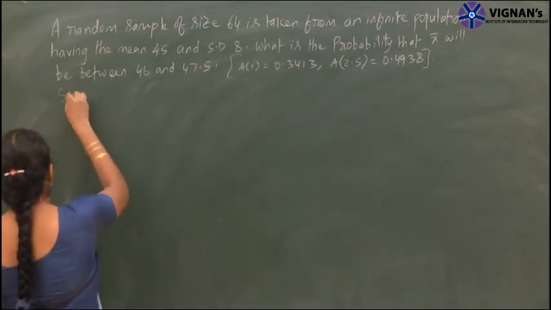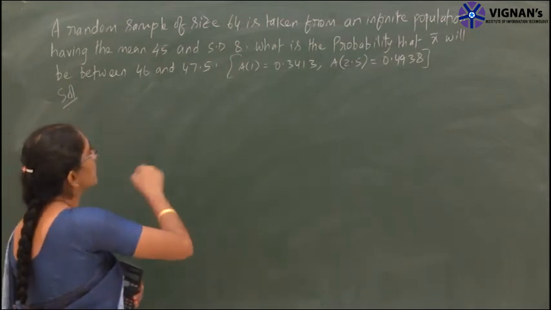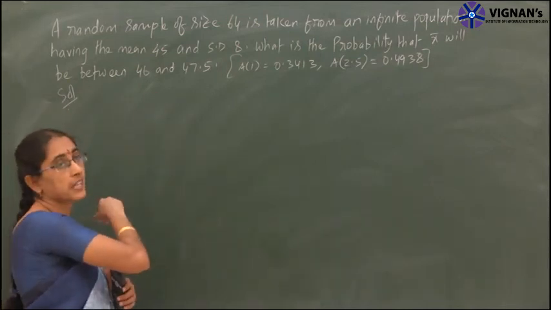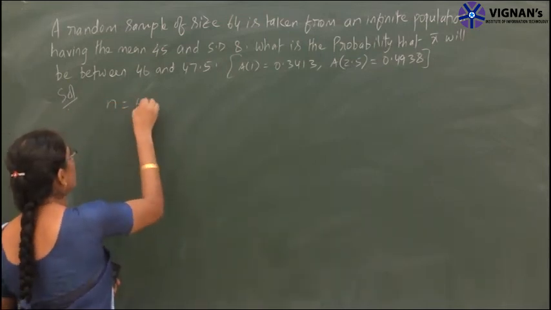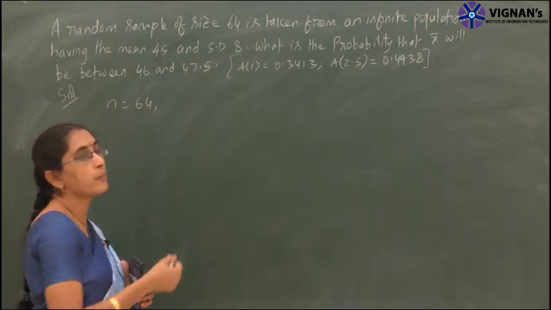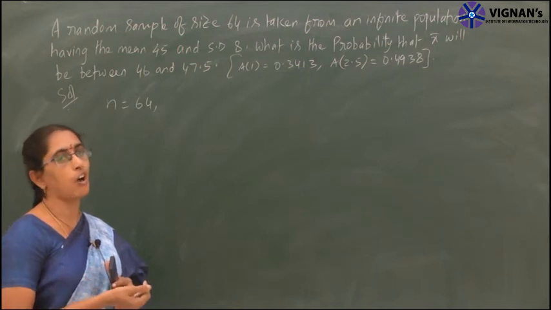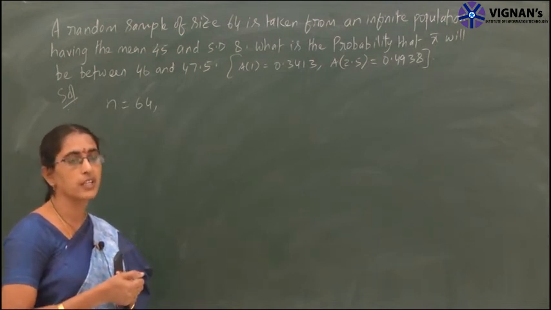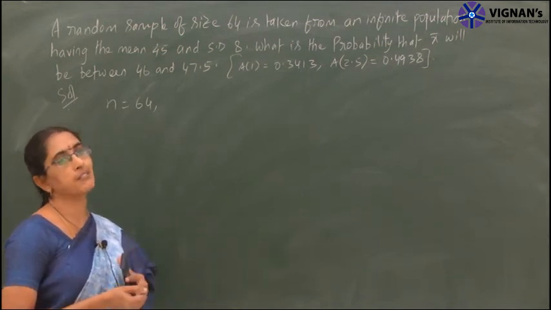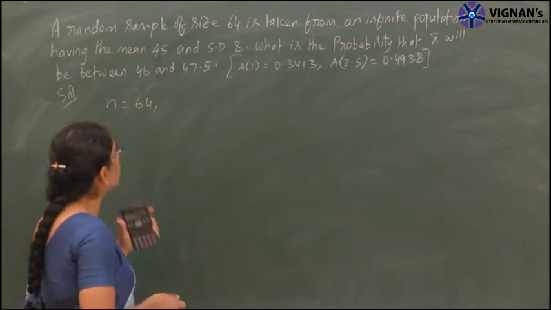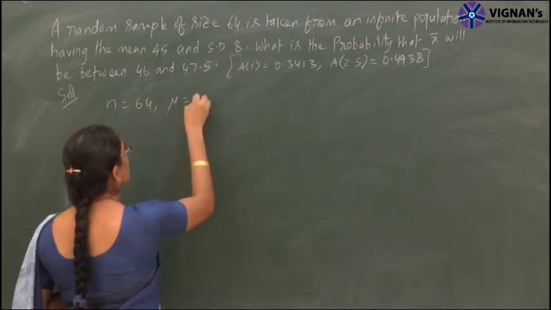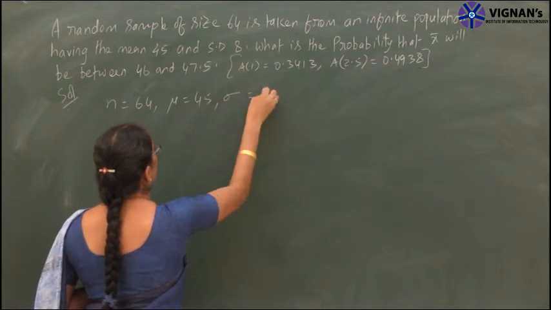So first we write down the given data here. So a random sample of size 64 means n equal to 64 is taken from an infinite population. Infinite means we can consider it as normal only, because normal distribution only lies from minus to plus infinity here. Having the mean 45, that is mu equal to 45 and standard deviation is 8.